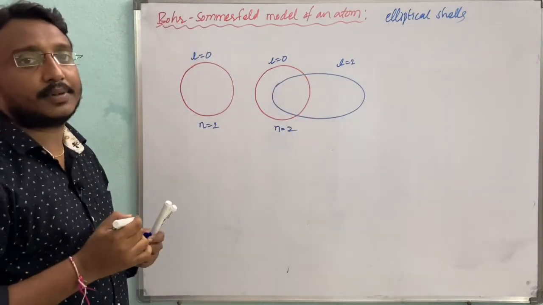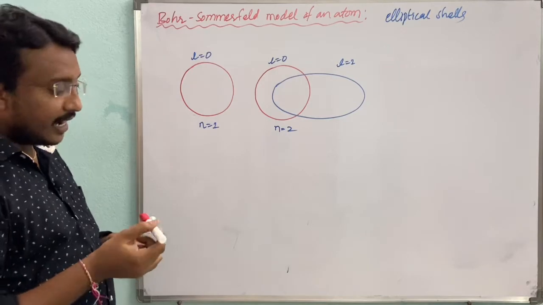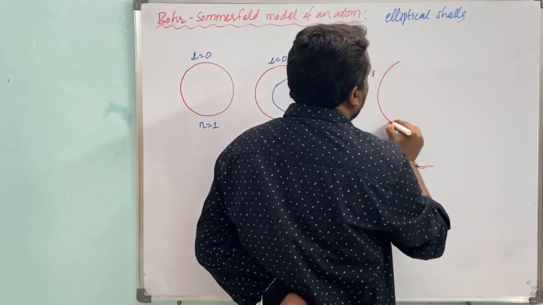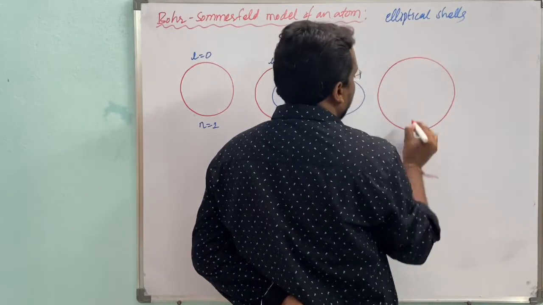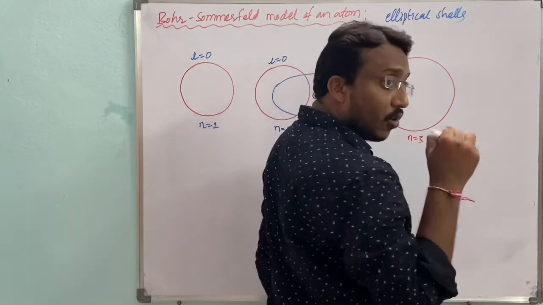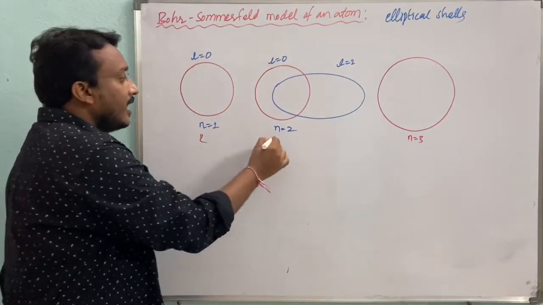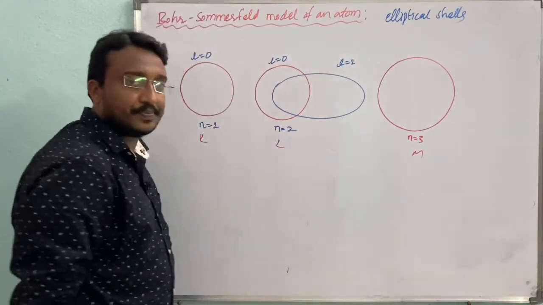Then if n equals 3, that means the third shell: n equals 1 is the K shell, then the L shell, then the M shell.